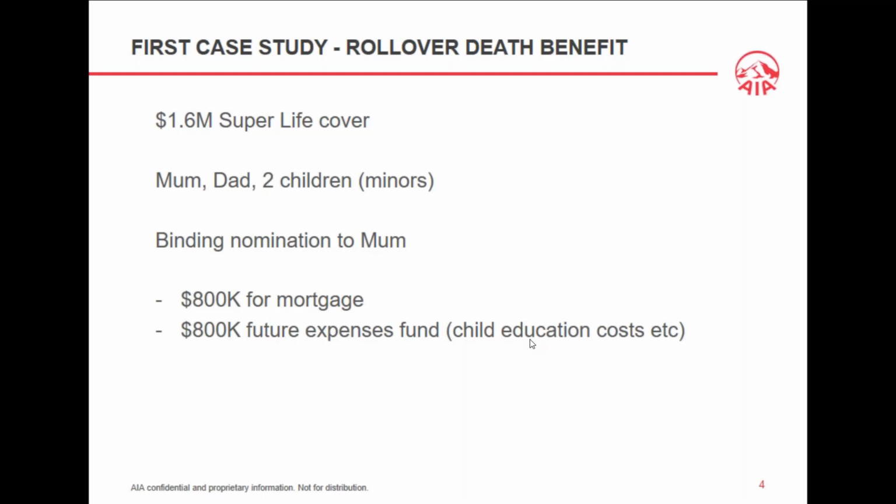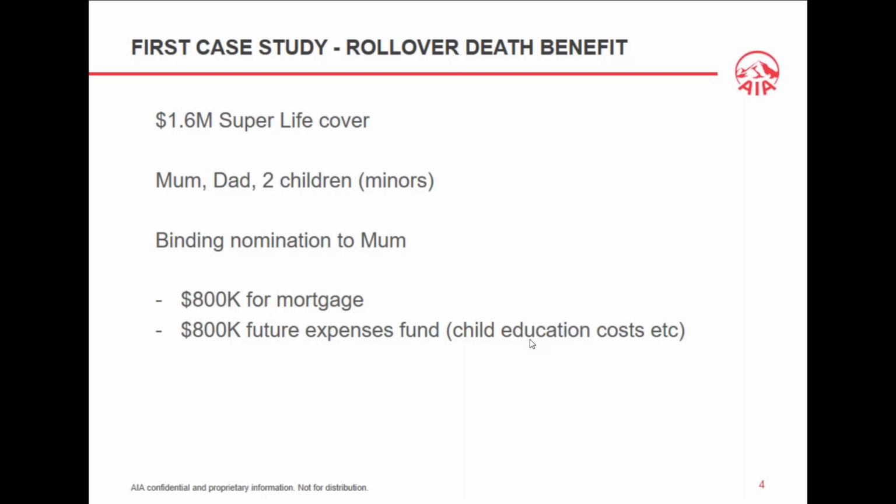But on top of that, we've decided to dial up the sum insured by another $800,000 to provide this future pool of capital to pay for things like the education fees for the 2 minor children going forward, and to primarily provide coverage of dad's salary for a certain number of years should dad prematurely or unexpectedly pass away.